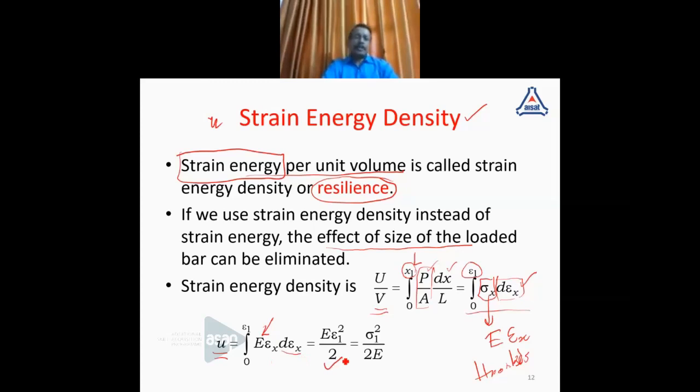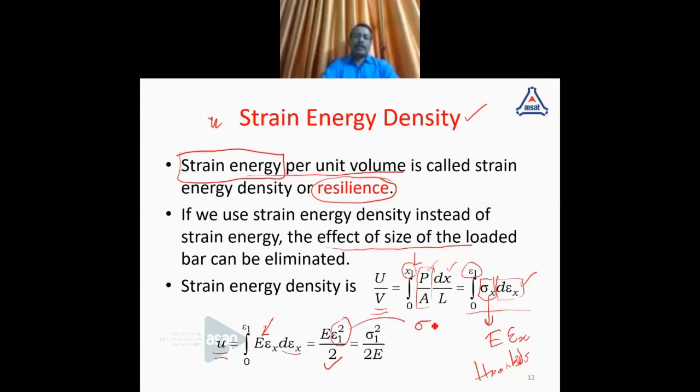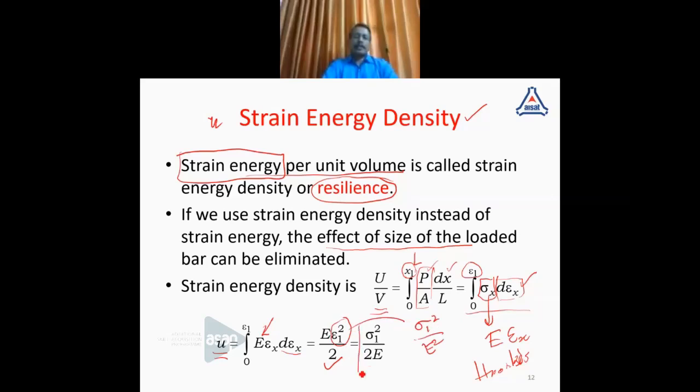And if we want, we can replace epsilon 1 square by sigma 1 square by E square. One E will cancel, and finally we get this expression for strain energy density. This expression also we have to remember: strain energy density is sigma 1 square by 2E, or sigma square by 2E, in a linearly elastic material.